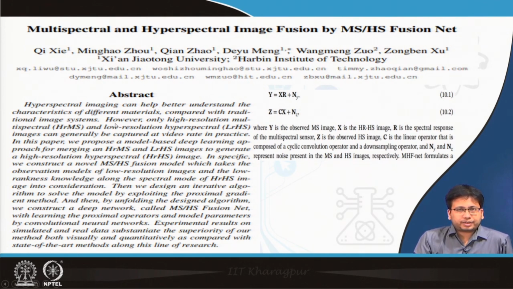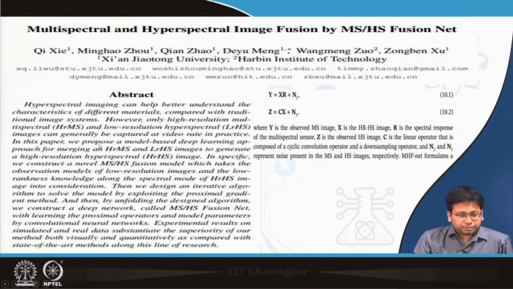The multispectral image has low spectral resolution, that is, it is captured at only a few wavelengths, but it has high spatial resolution. But hyperspectral imagery has high spectral resolution because it is captured at multiple wavelengths, but low spatial resolution, because each pixel covers a larger area.